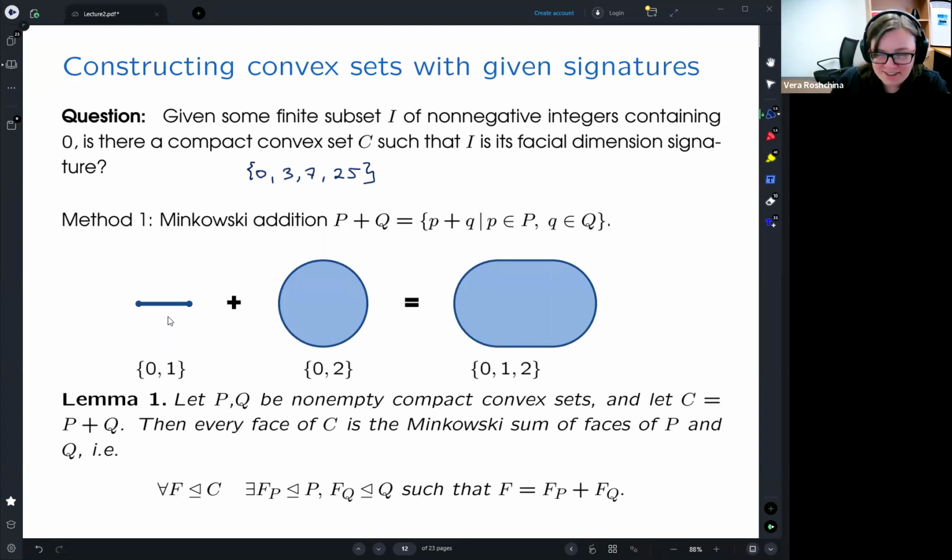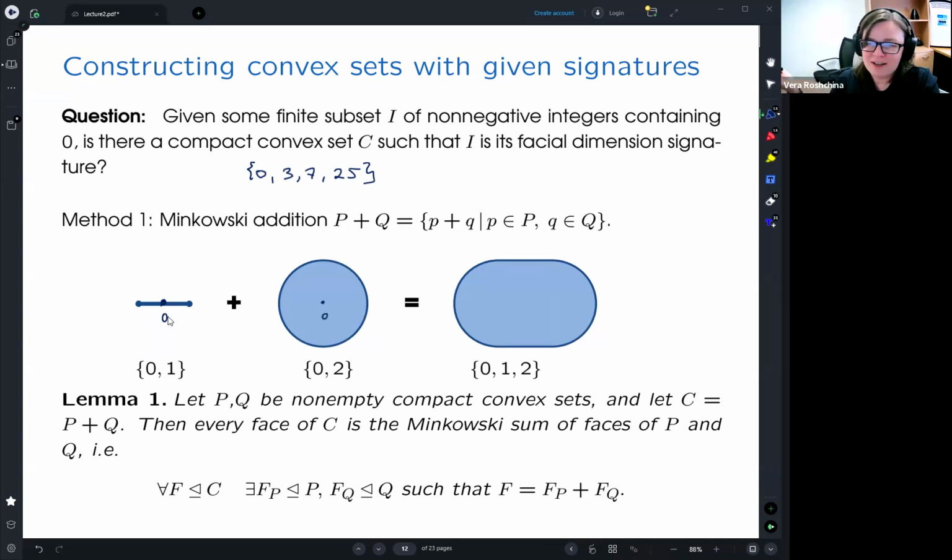So here on this picture, I take a line segment, and I add the disk to this line segment, and then the set that I obtain as the Minkowski sum will look like this. Of course, I would have 0 somewhere. It's a set in 2-dimensional space. Maybe I'll put 0 here, but the shape will be the same.